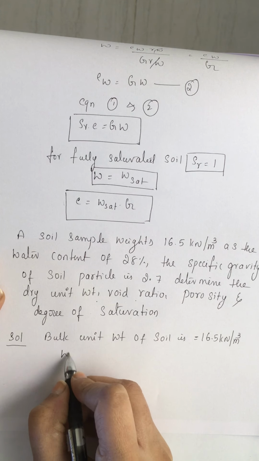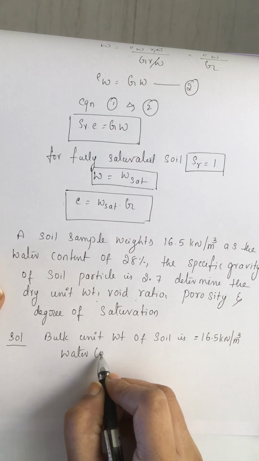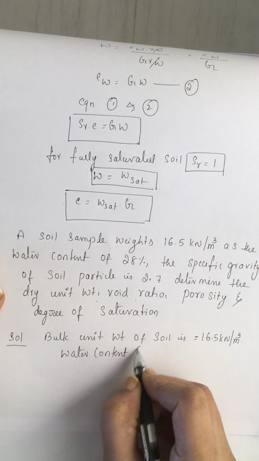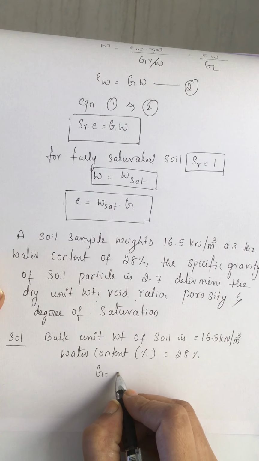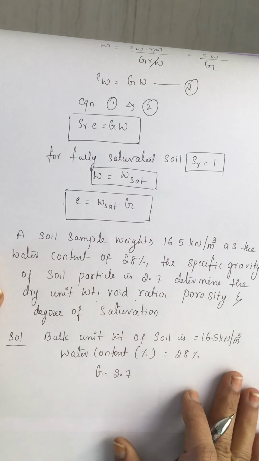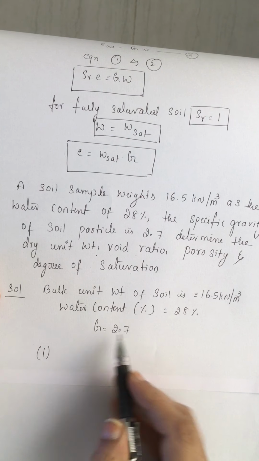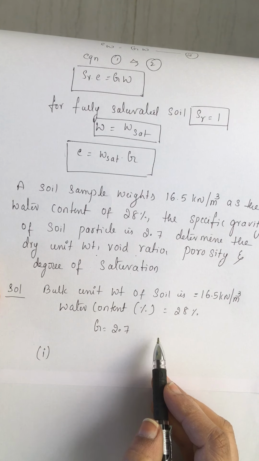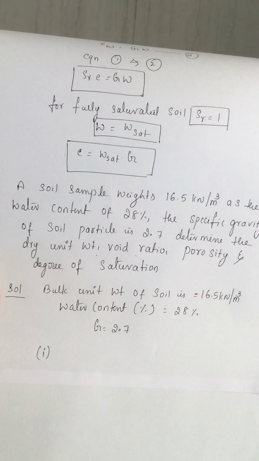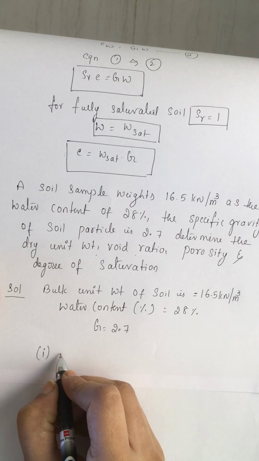And they have also given water content. Water content in terms of the percentage is given as 28%, and G is given, specific gravity 2.7. The specific gravity of the soil is always in between 2.6 to 2.7. Then only we can consider it as good soil.